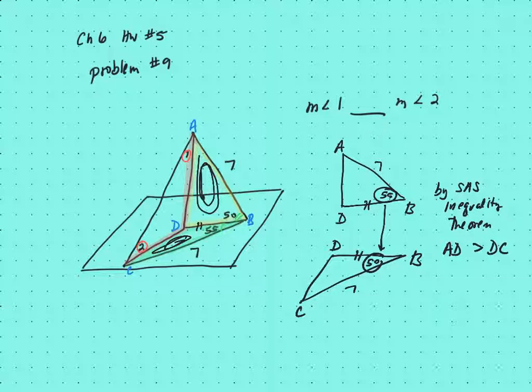AD and CD are also sides in that third triangle, and if AD is the longer side, it's going to be opposite the larger angle. So therefore we can say for sure that the measure of angle 1 is less than the measure of angle 2. And that's because we can say for sure that CD is less than AD.